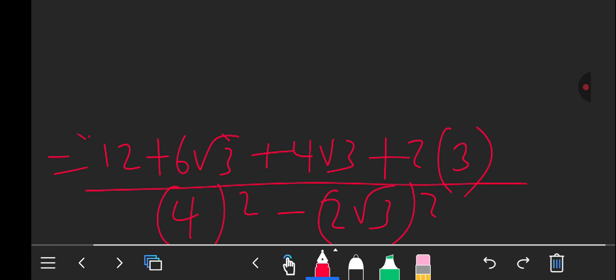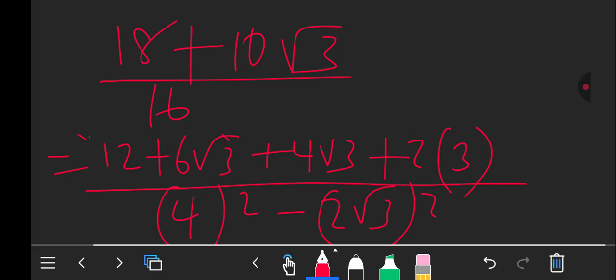Is 18. Okay? So we're going to have 18, then plus 6 square root of 3 plus 4 square root of 3, that is just 10 square root of 3 over 4 squared, that is 16, then minus 2 squared, that is just a 4, then square root of 3 squared, that is just a 3.